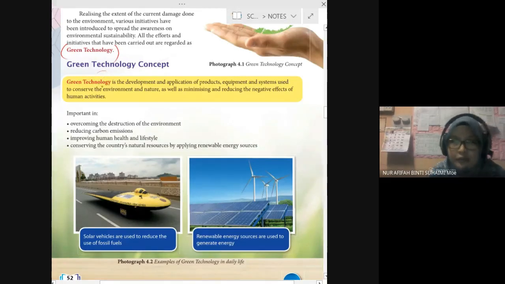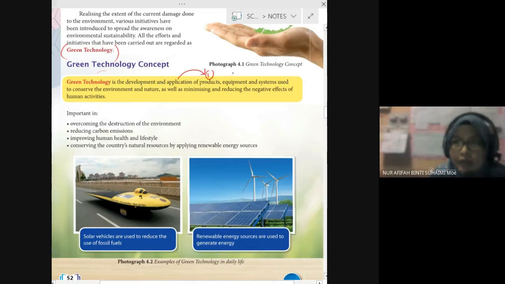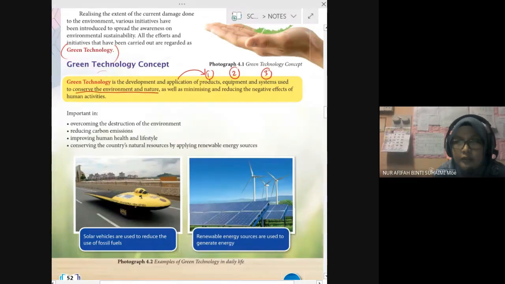Green technology is the development and application of product. How we apply the product, how we apply the equipment, and how we apply the system, in order to conserve our environment, to sustain our environment and nature. That is green technology.